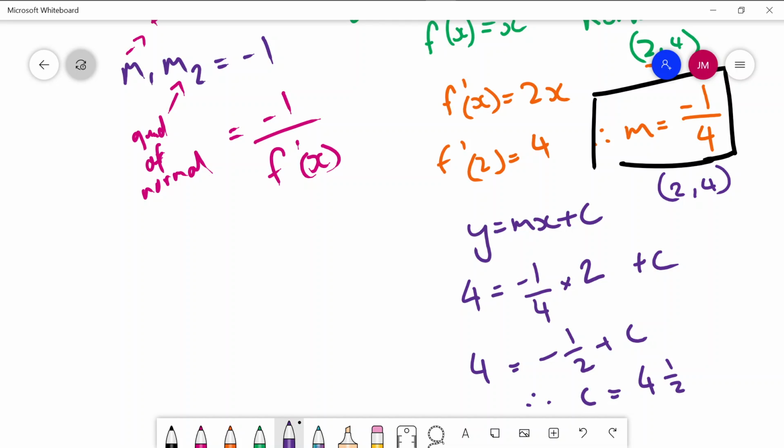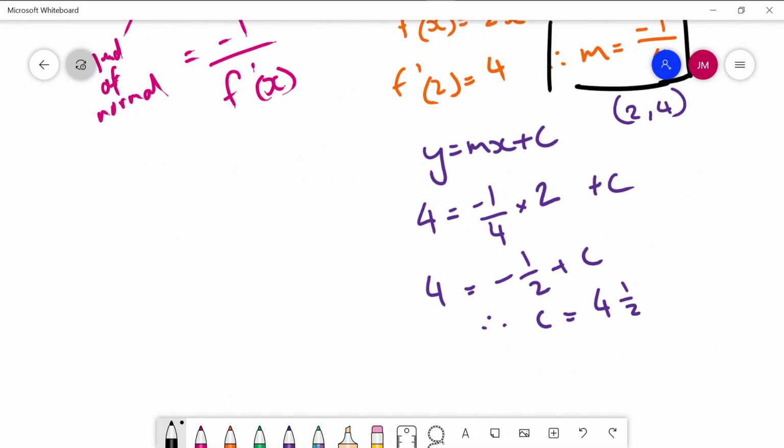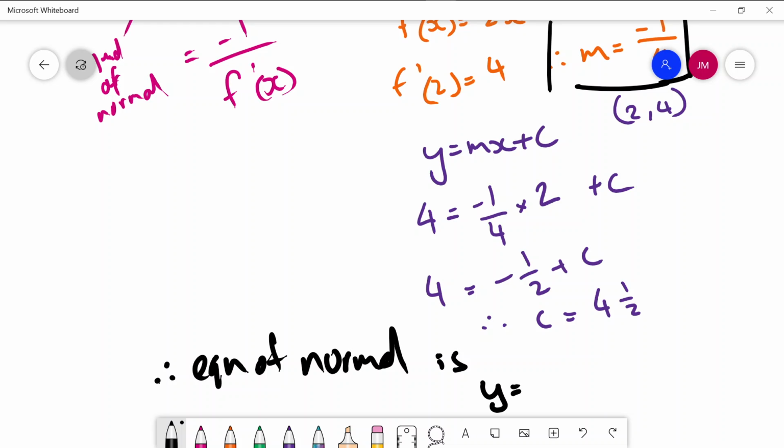So when it comes to writing our final equation, therefore the equation of the normal is y equals -1/4 x plus 4.5. And let's check that on Desmos just to see if it looks like it's a right angle.